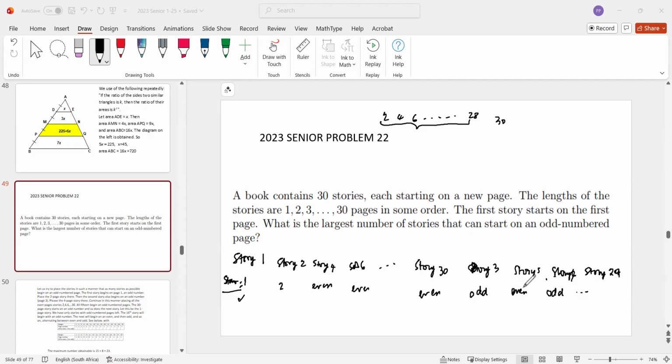So let's see. So you have the story 3. So story 1, stories that start on an odd numbered page.